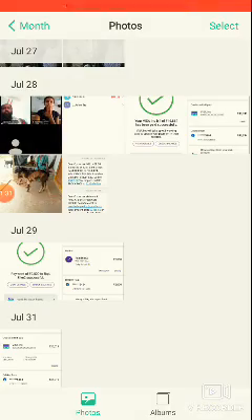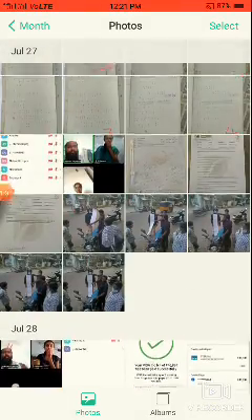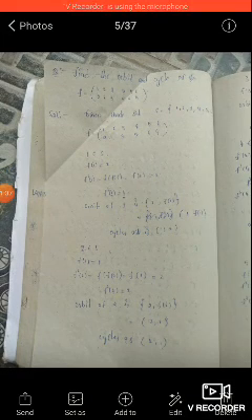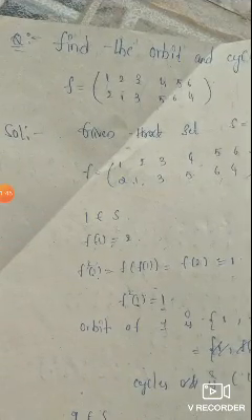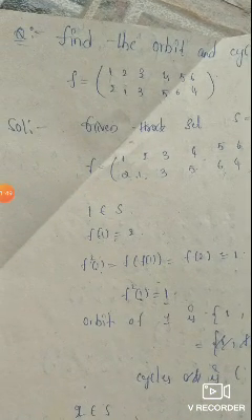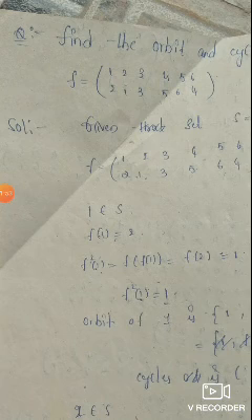On the photos we have this topic on permutation groups. We are going to discuss the orbit and the cycle of the permutation f = (1 2 3 4 5 6 / 2 1 3 5 6 4).